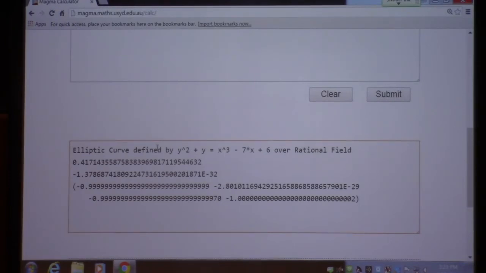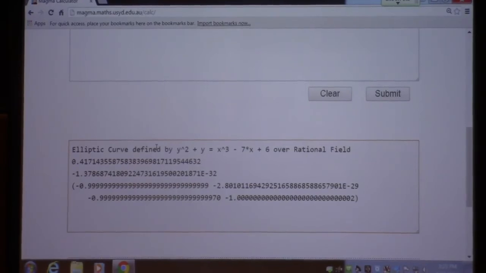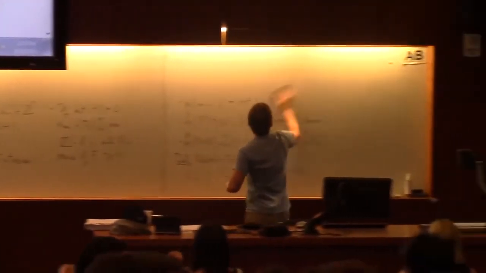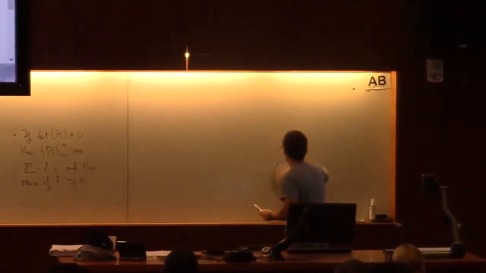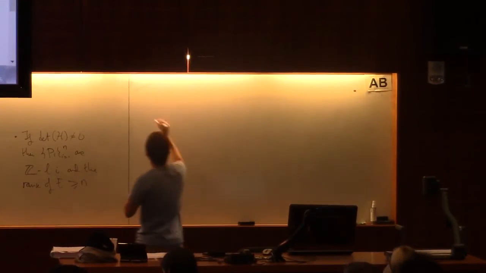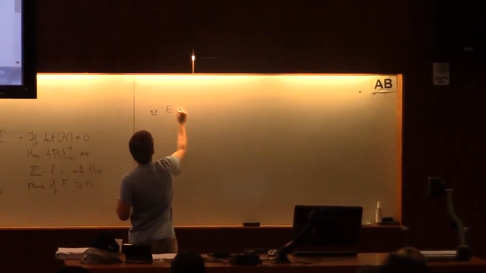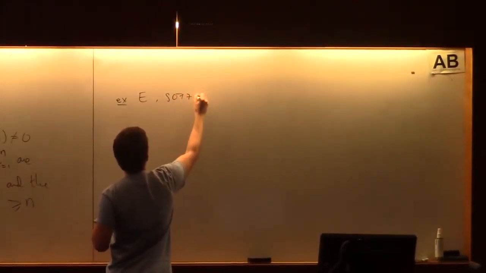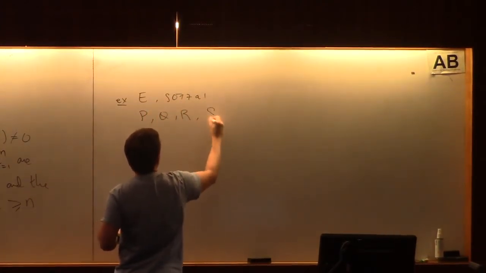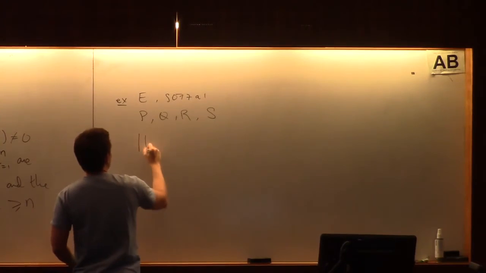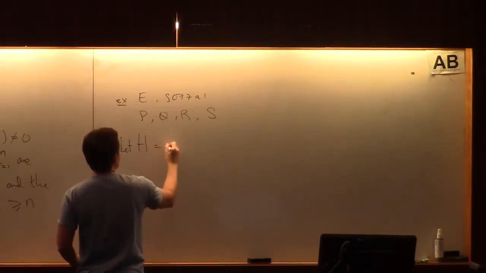What this is saying is that, where was I? So I had E that was this elliptic curve. I had P, Q, R, and then I put an S. The height matrix, the determinant of this is 0.